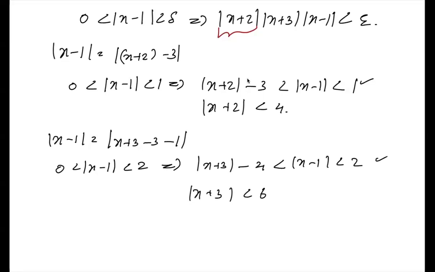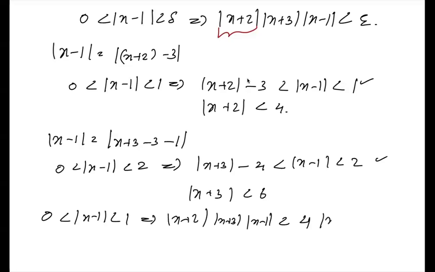When you're writing your final proof, these 2 inequalities will imply that the absolute value of x plus 2 times x plus 3 times x minus 1 is less than 4 times the absolute value of x plus 3 times x minus 1, because x plus 2 is less than 4.